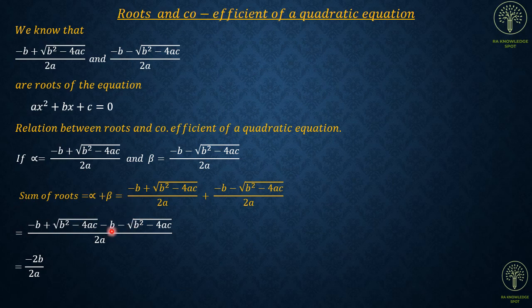Now we have minus b and again minus b, and when we add them we get minus 2b, and the denominator stays as it is. Some more cancellation: 2 is cancelled with this 2, and we have just minus b by a. Dear students, whenever it is asked in 2.3, the sum of roots will always equal minus b over a. This is a small proof, a derivation you should know; you have to practice these 2 to 3 lines of the proof.